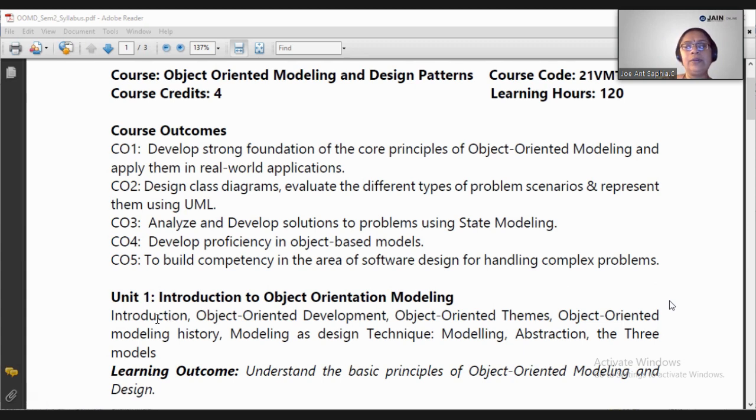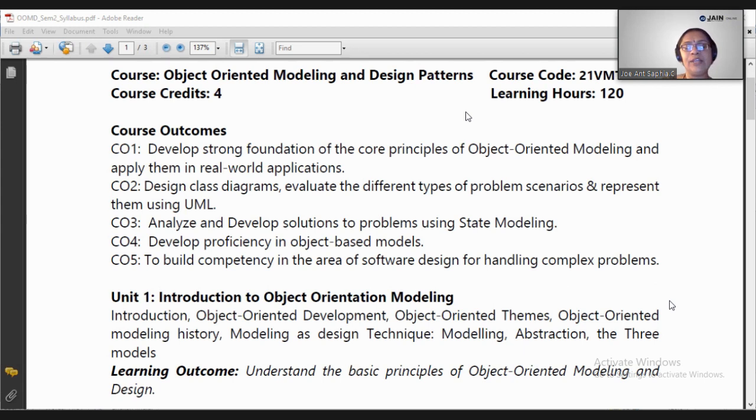In the first unit, we saw the history and various themes. What are the themes? Anyone remember the major features of OOMD languages or concepts? Objects and classes are the basic entities.